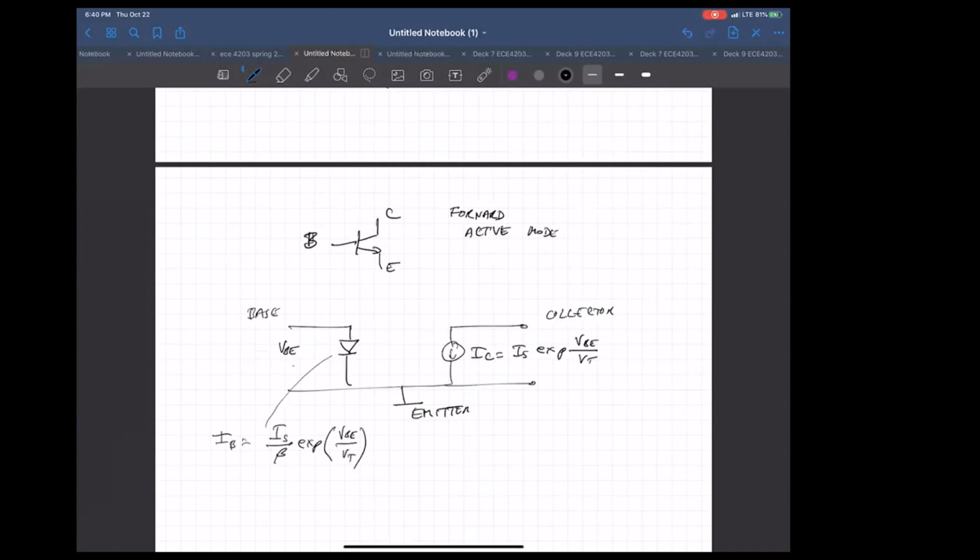Okay, so this diode here is placed there to represent base current.